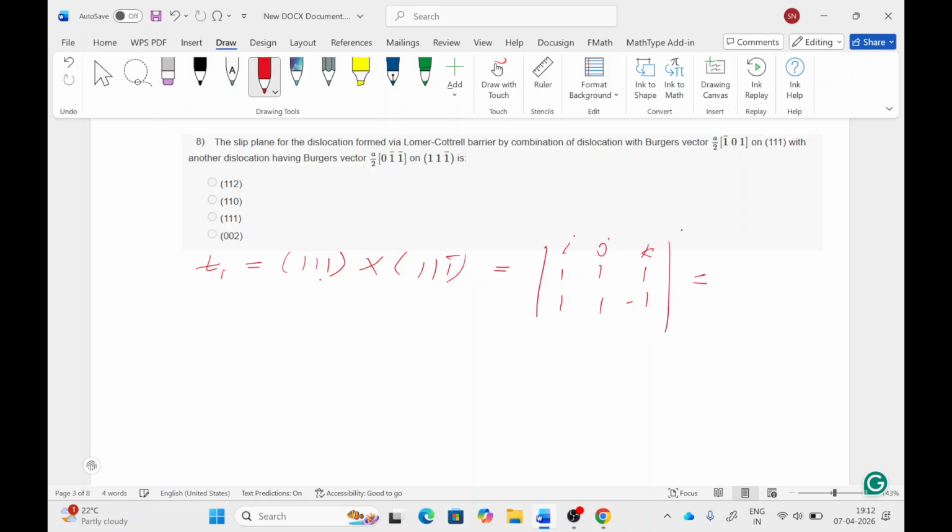So this will give a vector minus 2i plus 2j plus 0k. If we take 2 common, this will be [bar 1 1 0]. So this will be the line vector after intersection, and the Burgers vector for the resultant dislocation will be the addition of these two Burgers vectors.